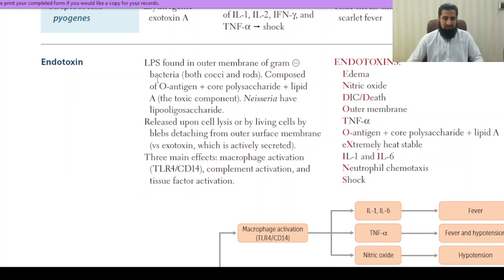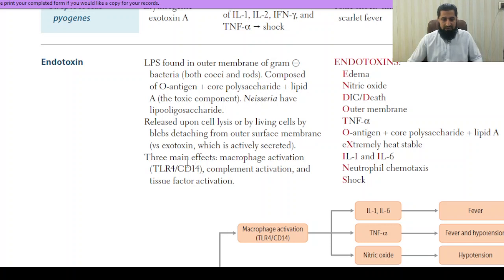Endotoxins are lipopolysaccharide found on the outer membrane of gram-negative bacteria, both cocci and rod, composed of O antigens plus core polysaccharide plus lipid A. The toxic compound Neisseria have lipo-oligosaccharide release upon cell lysis or from living cells by blebs detachment from the outer surface membrane, unlike exotoxin which is actively secreted.